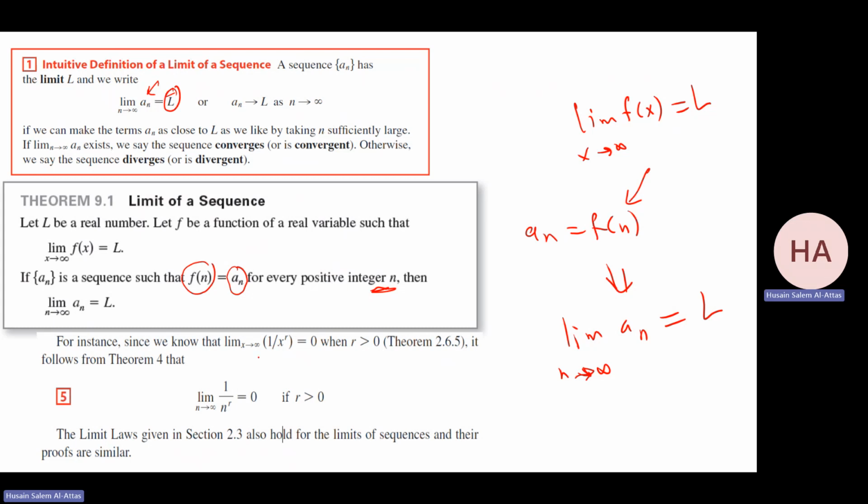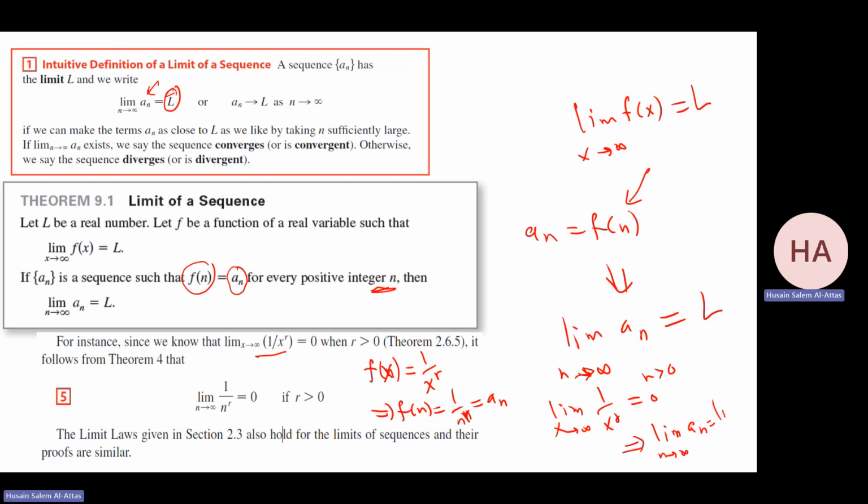For instance, I know that the limit as x goes to infinity of 1 over x to the power r, if r is positive, is 0. Since f of x is 1 over x to the power r, f of n will be 1 over n to the power r, which is a_n. So the limit of a_n as n goes to infinity, which is the limit of 1 over n to the power r, where r is positive, will in all cases be equal to 0.